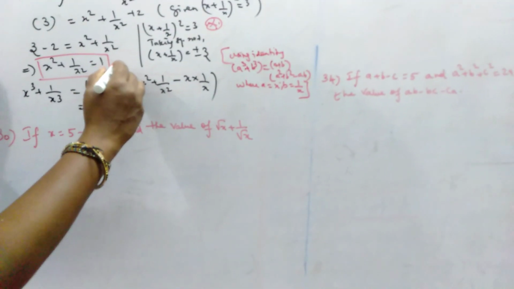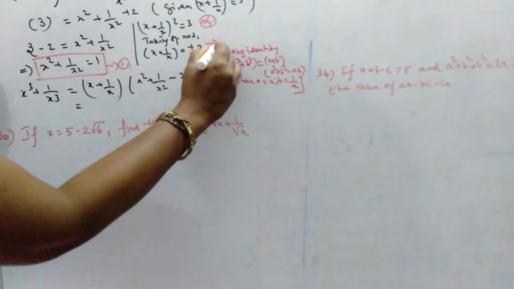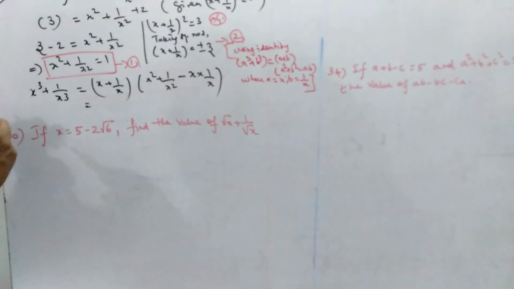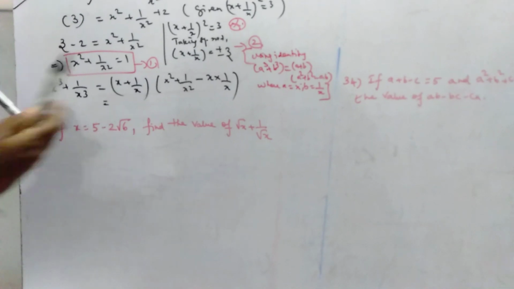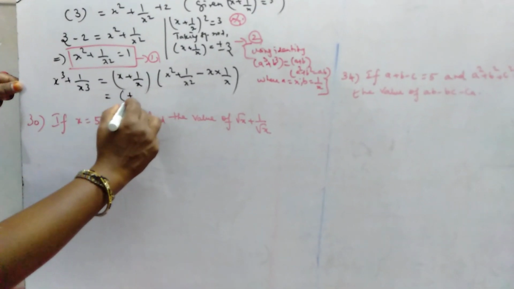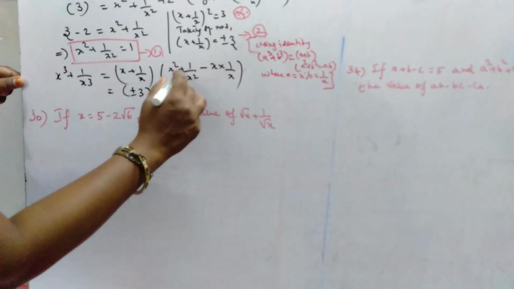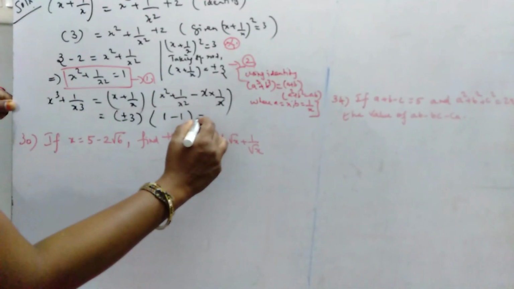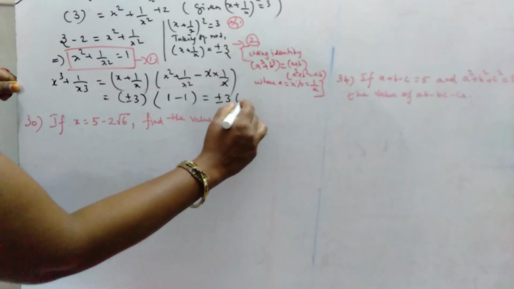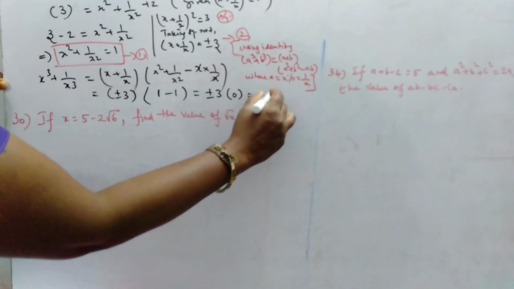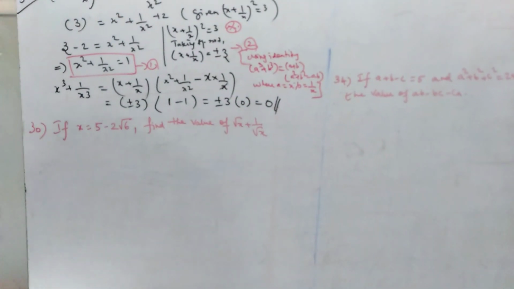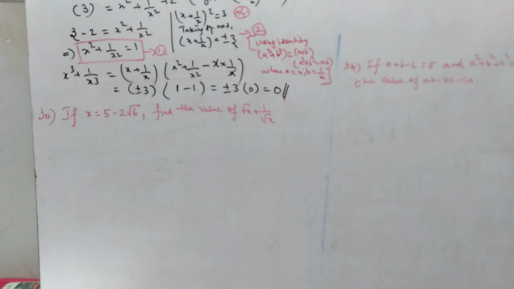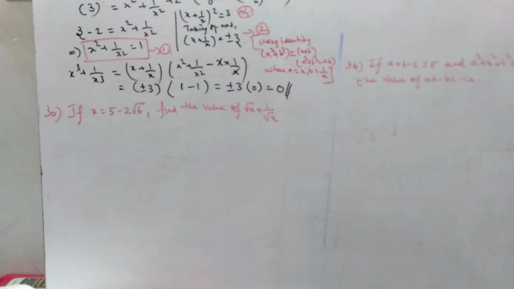Name this as 1, name this as 2. Right. So substitute the value of x + 1/x as ±3, then x² + 1/x² as 1. Here 1 − 1, which is equal to ±3 into 0, which is equal to 0 is the solution.